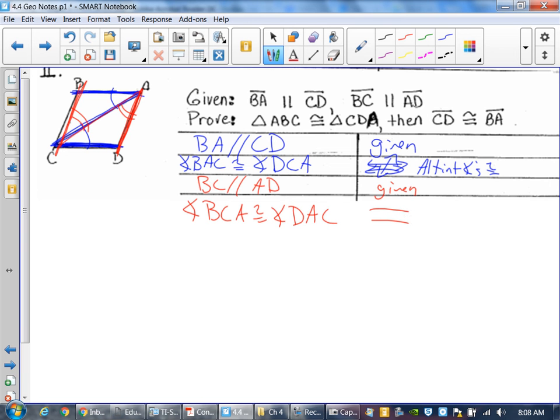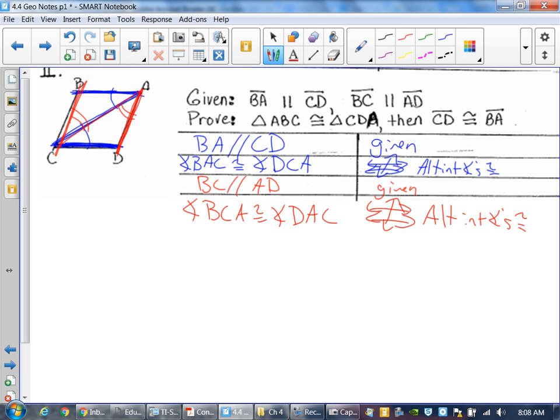Same reason. Parallel lines cut by a transversal. So now you've got 2 angles. You got to find a side after it. First side between it. What do you get? Reflexive. Very good.